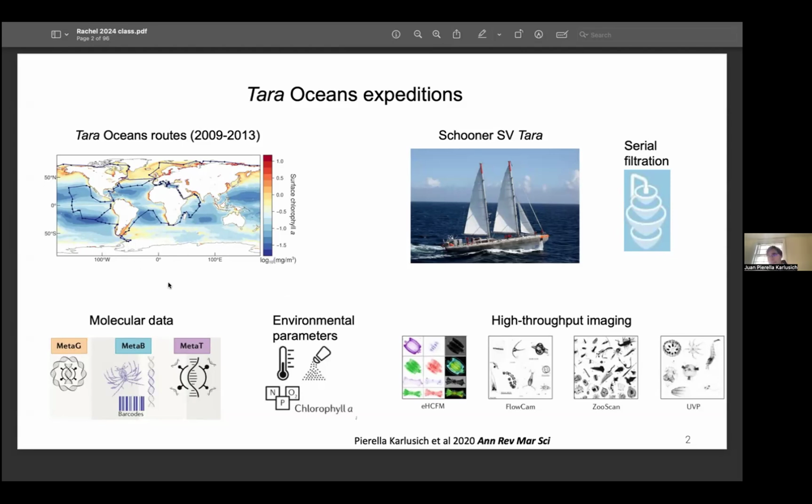One important thing about the sampling process is that a serial filtration system was used in order to filter seawater at different sizes so that each size fraction is enriched in a certain plankton size.